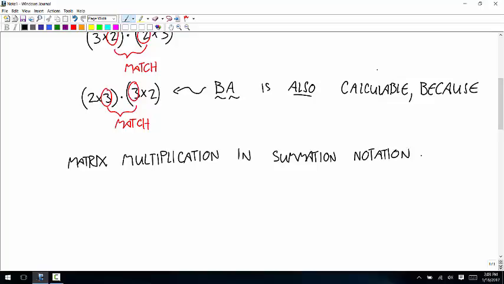So if you're multiplying a matrix A times matrix B, you can think of that as A_MI times B_IN, as I goes from 1 to whatever the number of that element is.